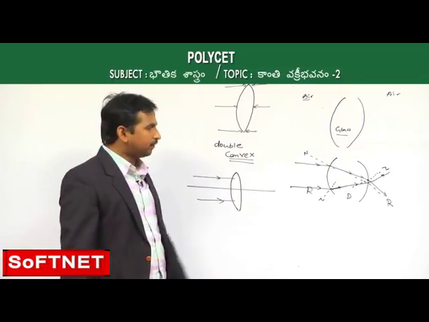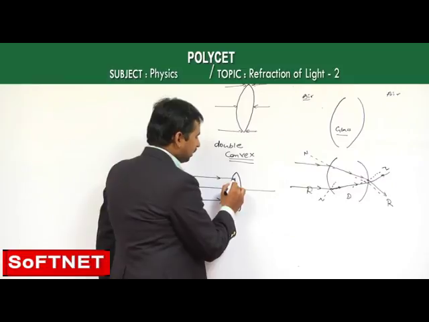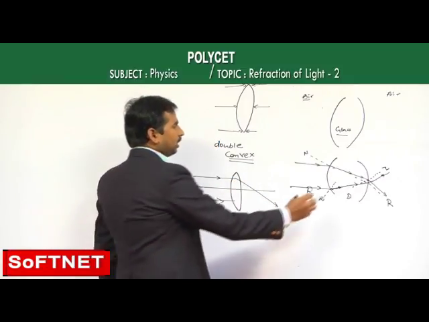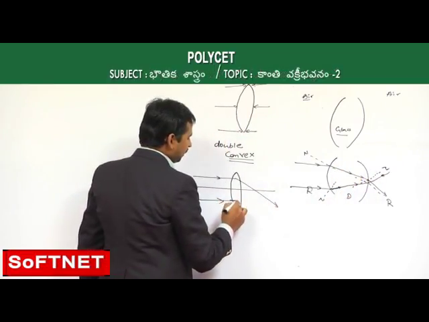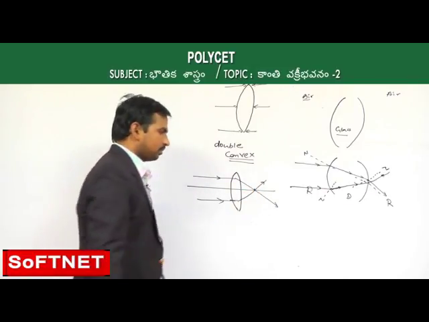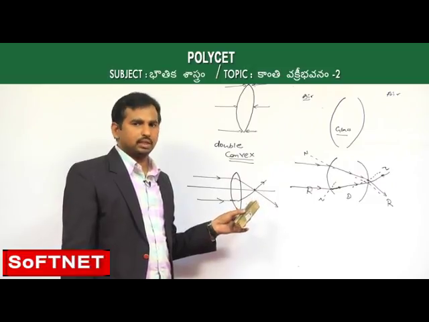Both the light rays after refraction are bending downwards, the first one like this, and the second one, the light ray which is going up here, which is moving away from its normal, like this. Okay, this is the converging nature of the double convex lens.